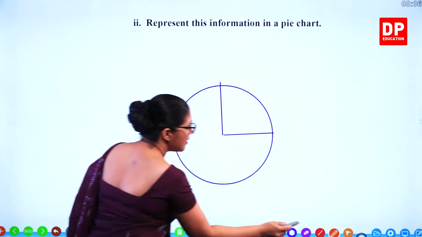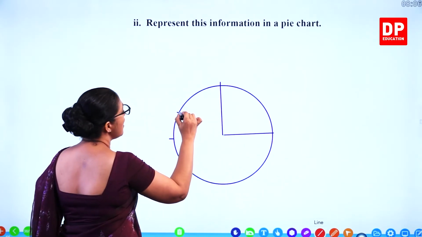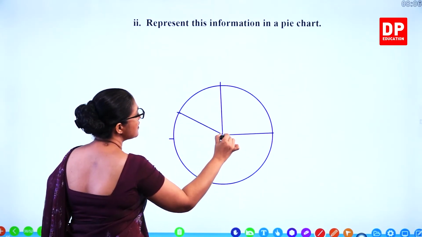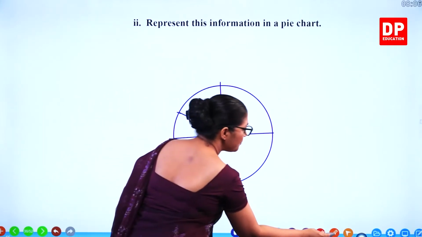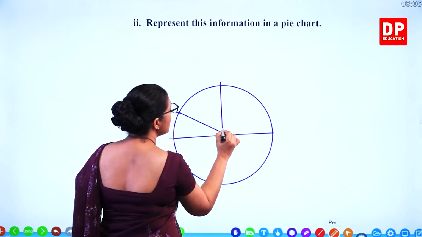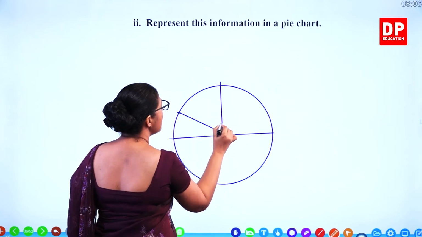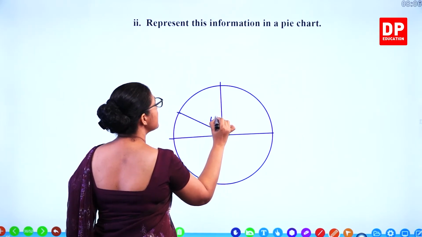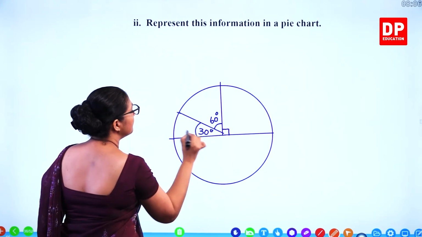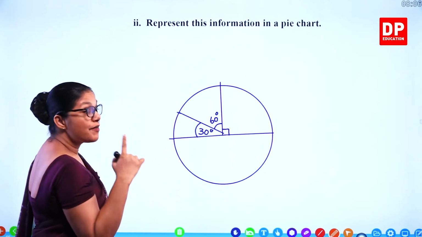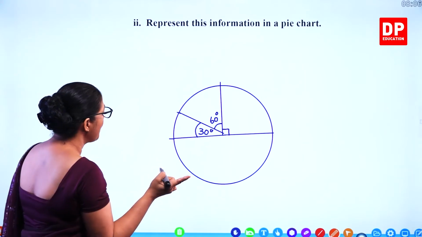So 60 and 30, we can draw those two lines, 60 here and 30 degrees here. So we'll mark it. So this is 90, this is 60 degrees and this is 30. And the rest is the other subject.